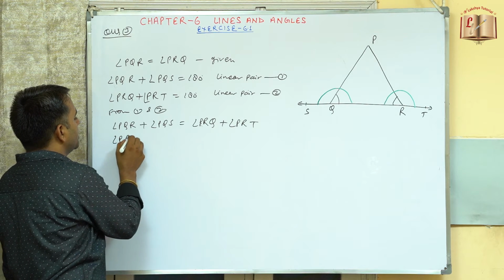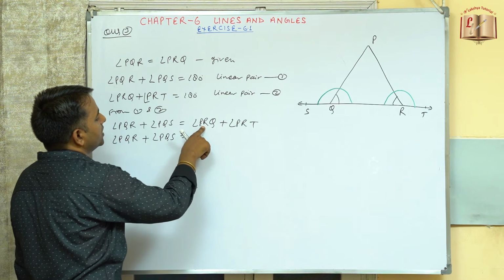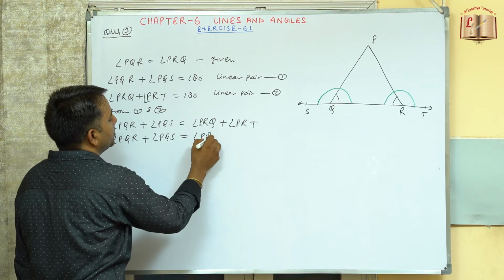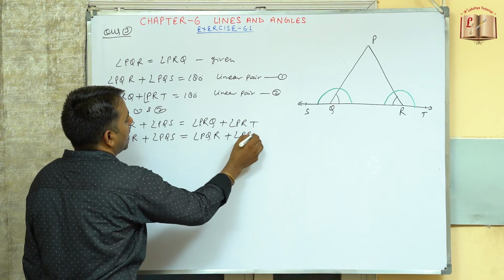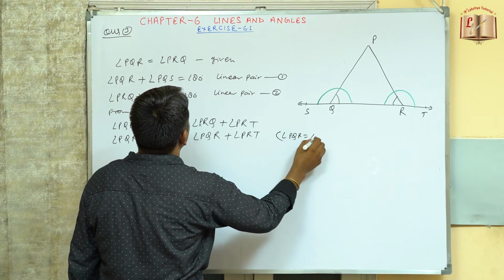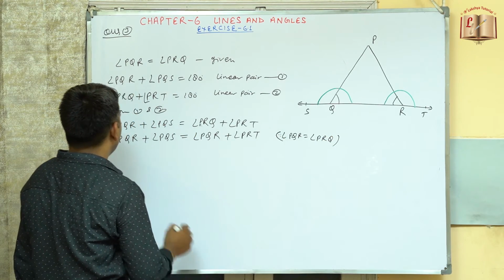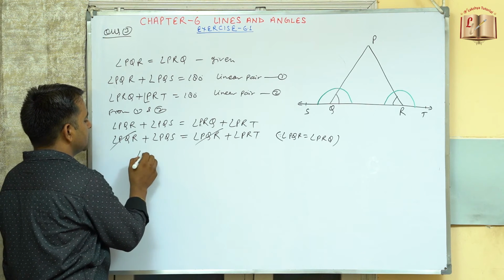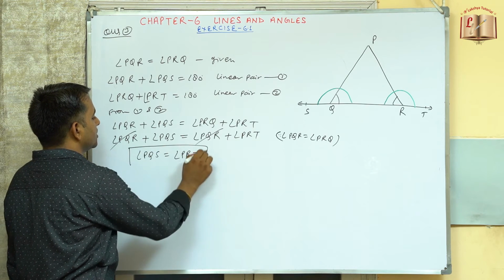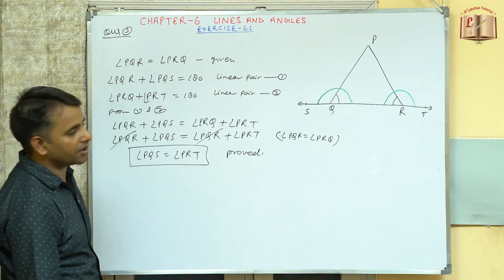So angle PQR is equal to angle PRQ. Now angle PQR gets cancelled. So angle PQS is equal to angle PRT. This is proved. So simply we will follow the linear pair method.